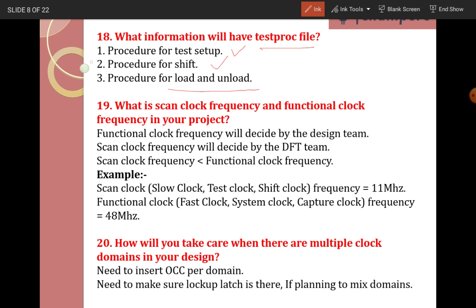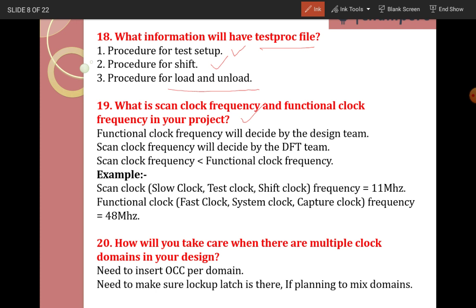What is the scan clock frequency and functional clock frequency in your project? It's very important. Generally the scan clock frequency is always less than the functional clock frequency.